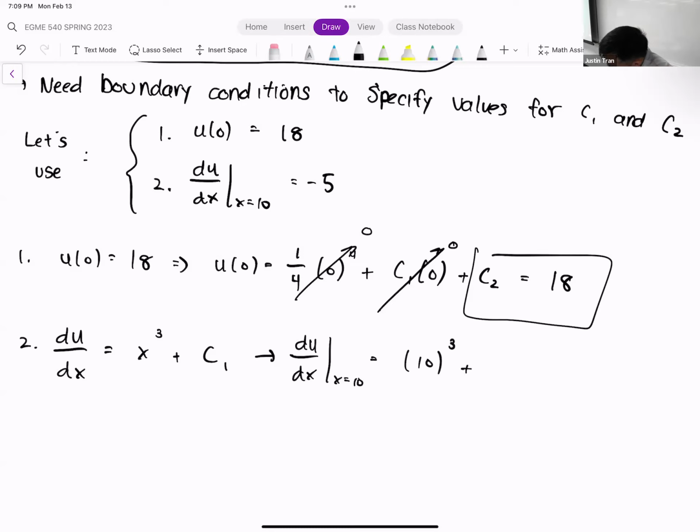We get 10 cubed plus C1, and this is going to equal minus 5. We solve for C1. We're going to subtract 10 cubed from both sides. 10 cubed is 1,000. And so we end up with C1 equal to minus 1,005.